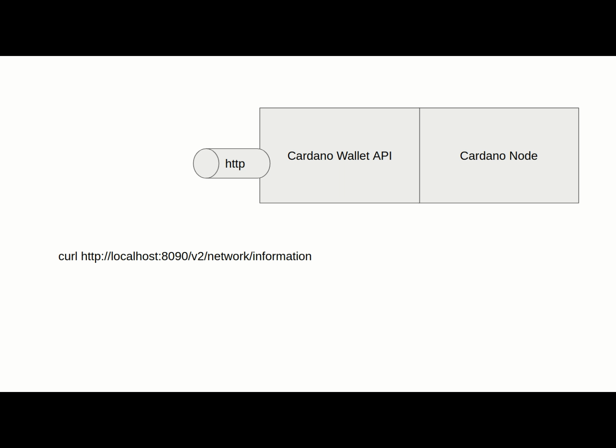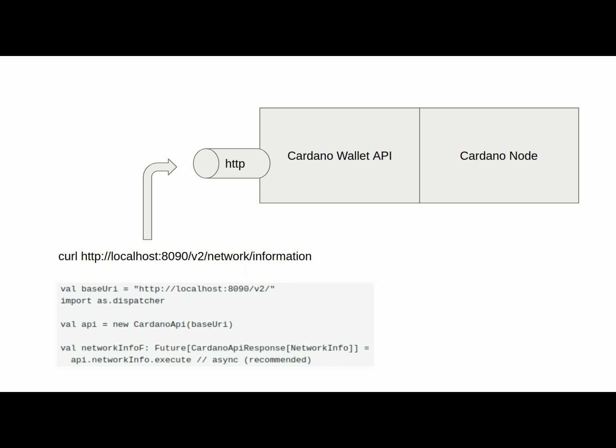So you can use the likes of curl or however you make HTTP requests in your programming language. Or you can use the PSG API, which is an API that just wraps this interface to make it easy for Scala and Java developers to get access to the HTTP endpoint.